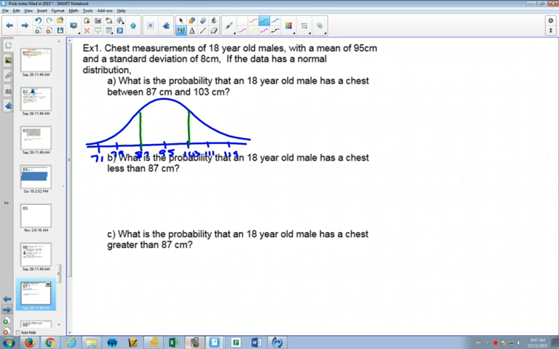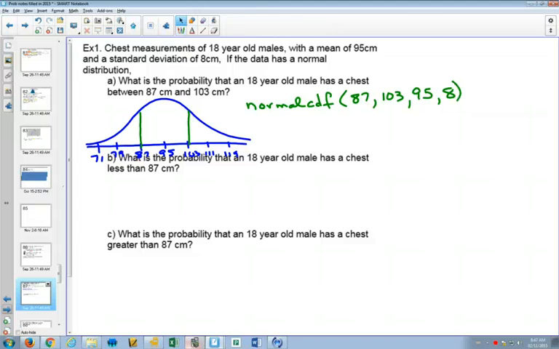Now we're going to find from our calculator exactly to 3 sig figs, because on your exam you'll need 3 sig figs, so 68% won't be quite enough. So we'll go normal CDF. We're going from 87 to 103 with a mean of 95 and a standard deviation of 8.